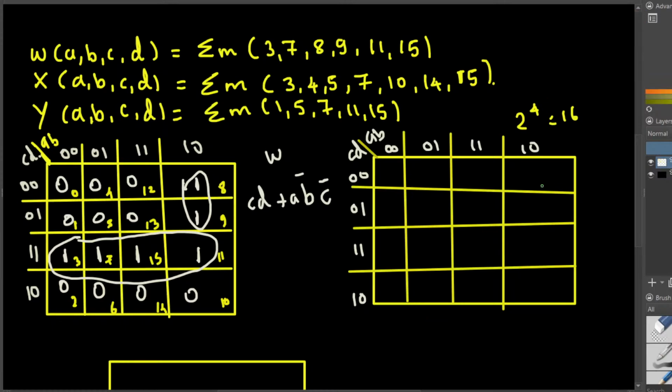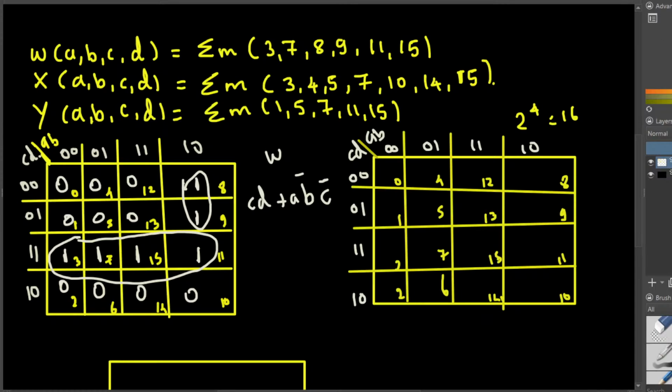And let's write the locations. It's going to be 0, 1, 2, 3, and then 4, 5, 6, 7, and then 8, 9, 10, 11, and then 12, 13, 14, 15.